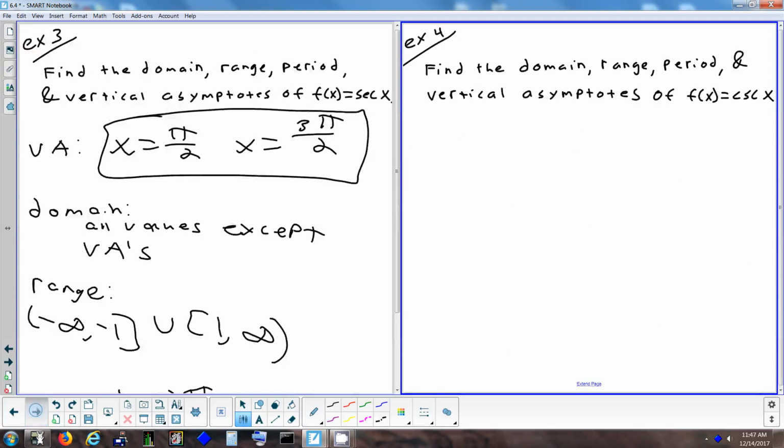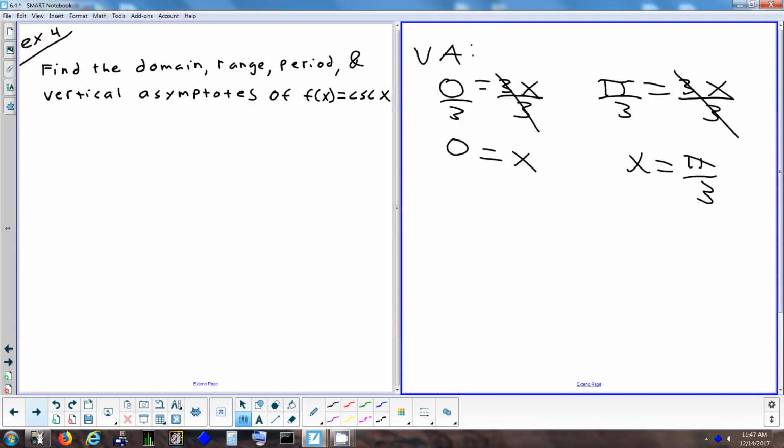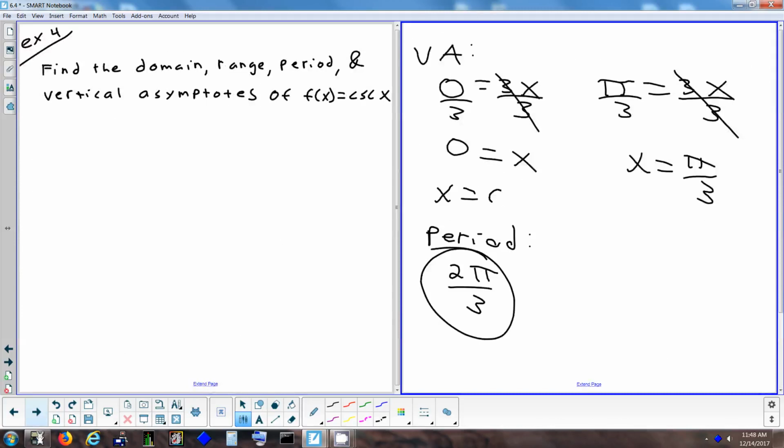So what's the period of this? What would be the formula to find the period? 2 pi over 3. That's the period. So if the question said describe all the asymptotes, you're going to get that asymptote, and it's going to keep repeating.